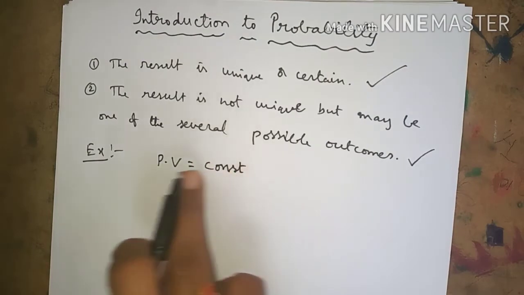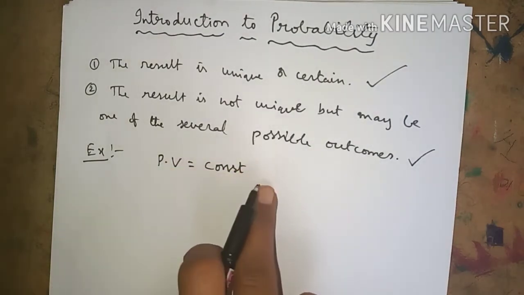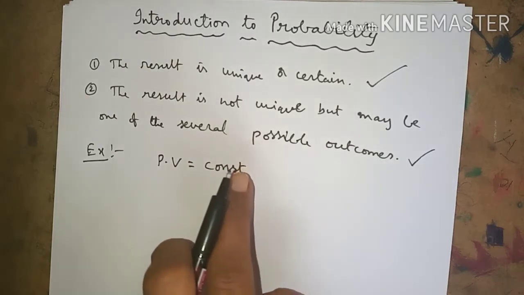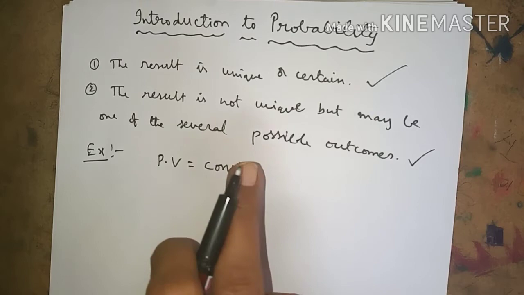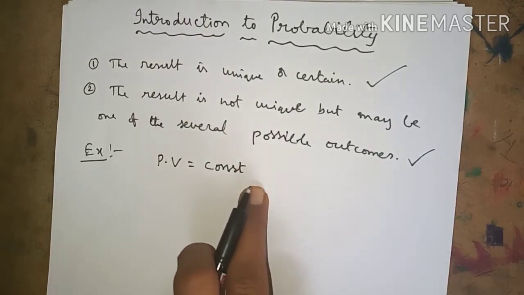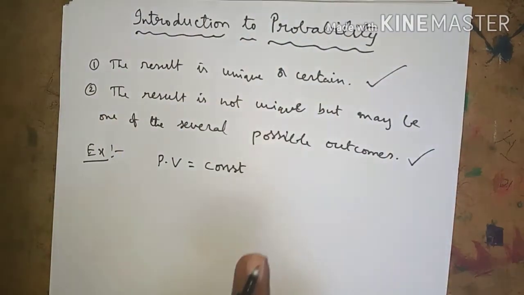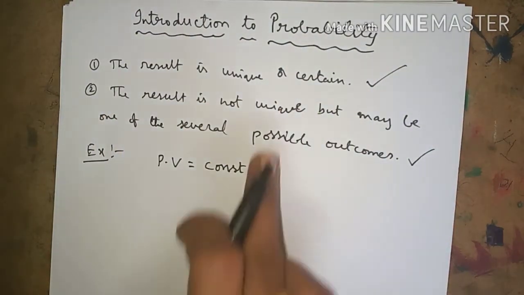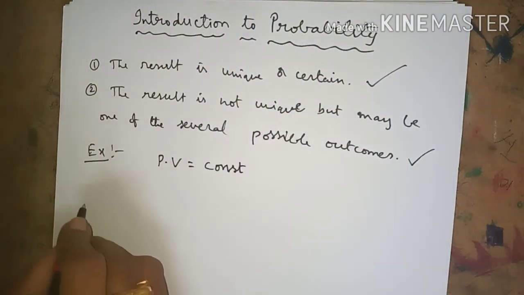For example, pressure into volume is equal to a constant, provided the temperature is the same. Such a phenomenon is called a deterministic phenomenon. And I will tell you the second example.